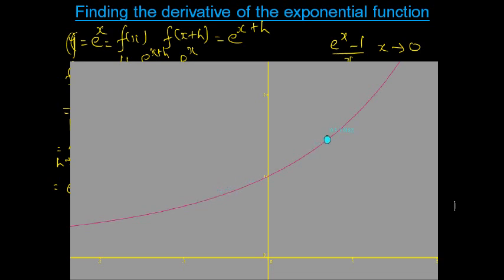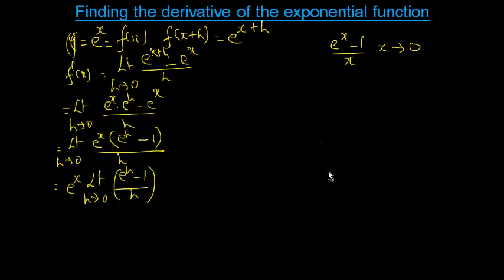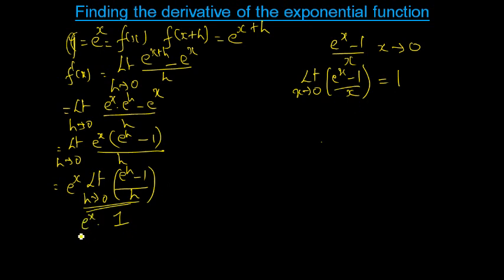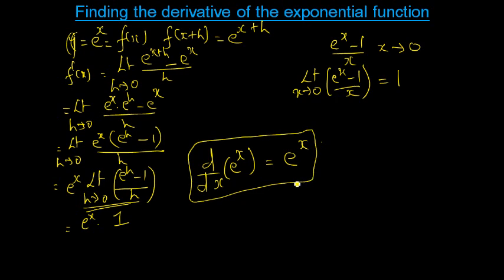So as x approaches 0, the value of y comes to 1. Though you don't have the value at x equal to 0, the limiting condition is 1. As x approaches 0, the function approaches 1. Therefore, the limit as x tending to 0 of e power x minus 1 over x is equal to 1. Hence, this limit becomes 1 and we are left with only e power x. So the conclusion is the derivative of e power x remains as e power x itself. There is no change in the function.